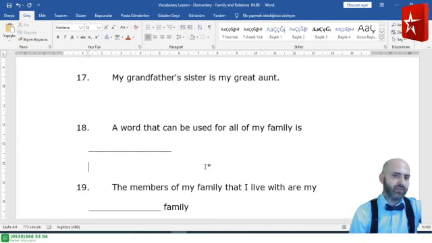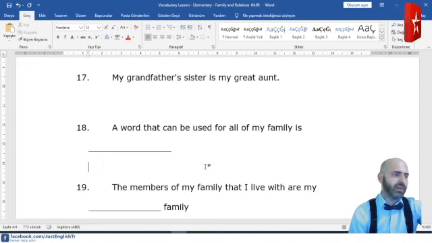So here we have different answers. We have extended family. Yes, this is correct. I taught you today extended family. We can also say our entire family. And in not official way, informal way, and mostly American English, we can use, of course, folks.